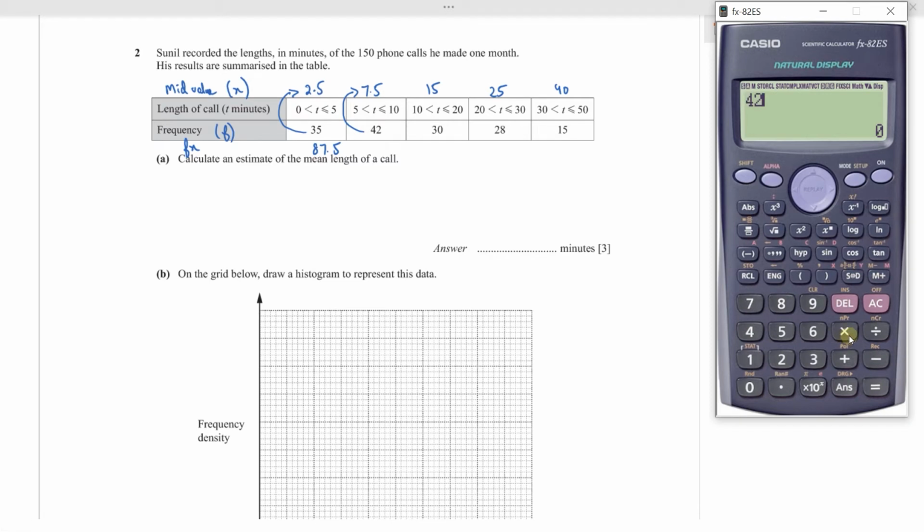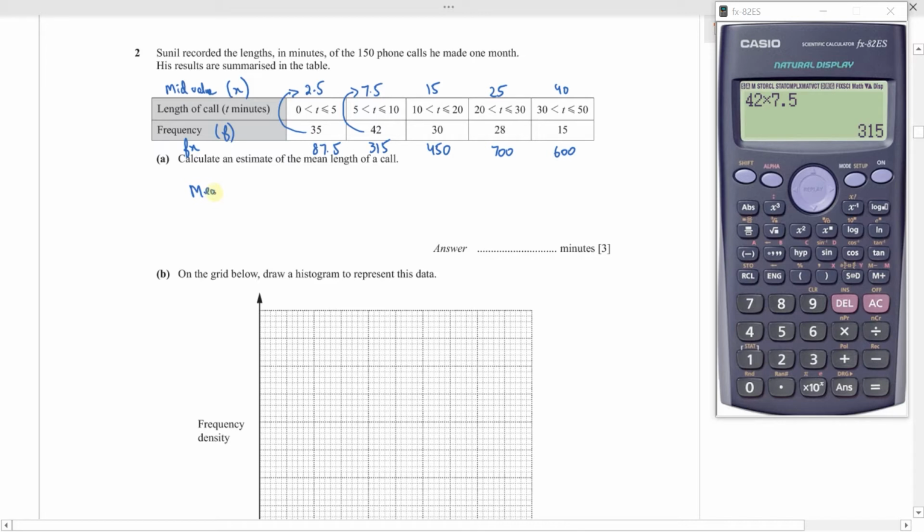Then 42 times 7.5 is 315. Then 30 times 15 will be 450. 28 times 25 is 700. 15 times 40 is 600.